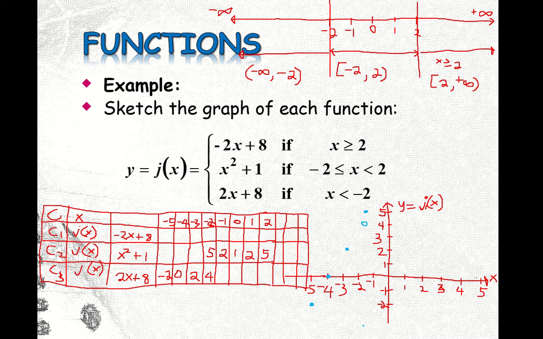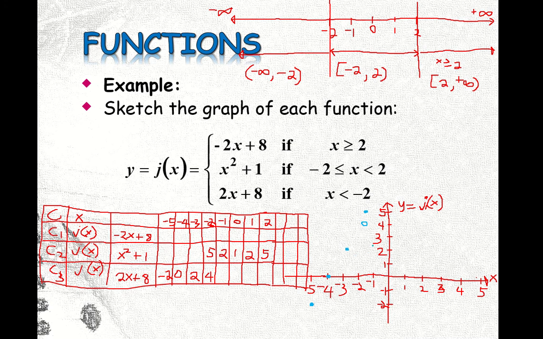Okay, and then when x equal to -1, we have g sub x equal to 2.